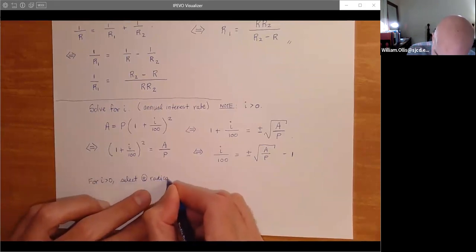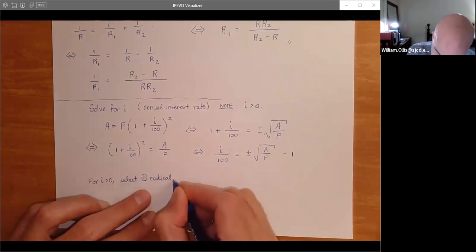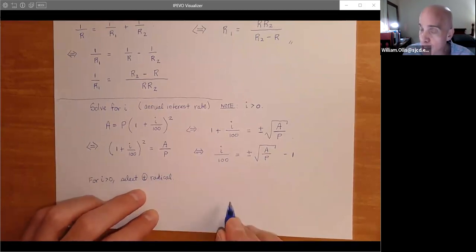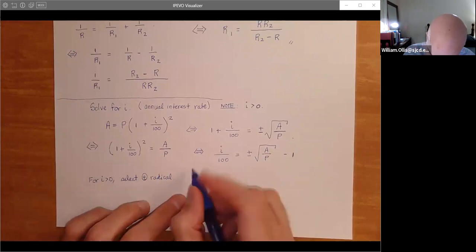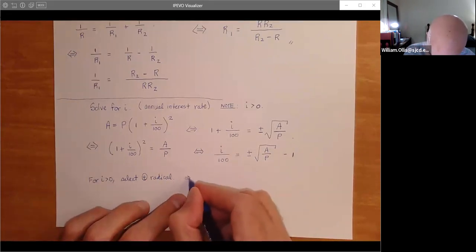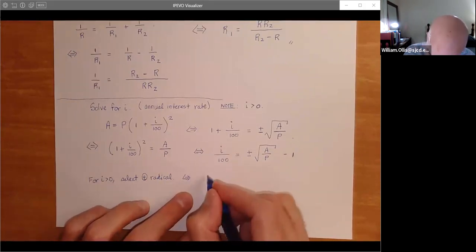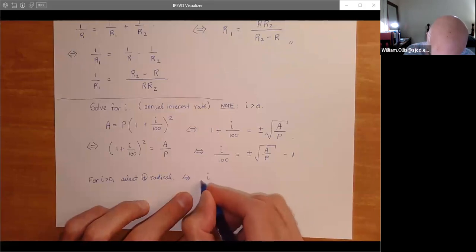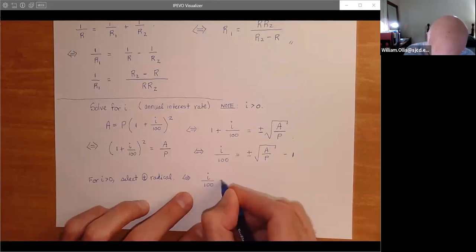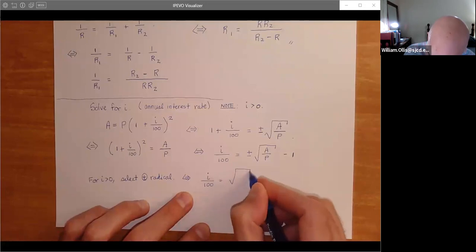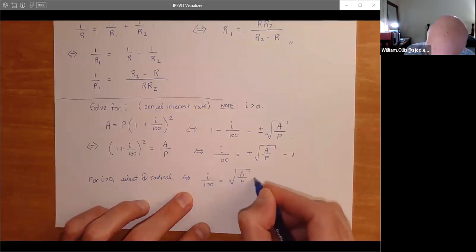So for instance, if we were doing an interest problem, we would certainly want to be able to make sense out of our computation. So now this would imply, or equivalently, we have I over 100 equals the positive square root of A over P minus 1.